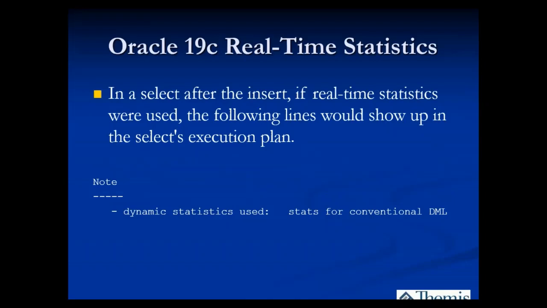Well, if I load the table and it did real-time statistics, and now I run a select against it and do an explain plan, and I see this little note down here, dynamic statistics used: stats for conventional DML, that'll tell me this is based upon real-time statistics from whenever that was done.